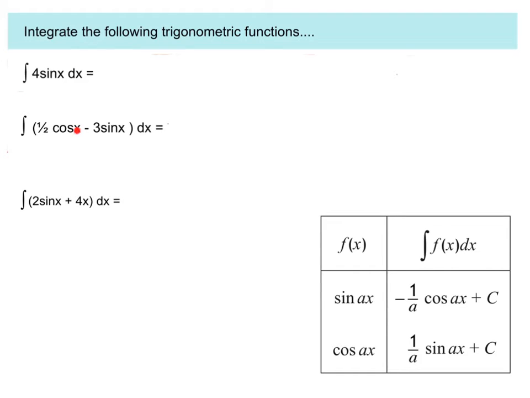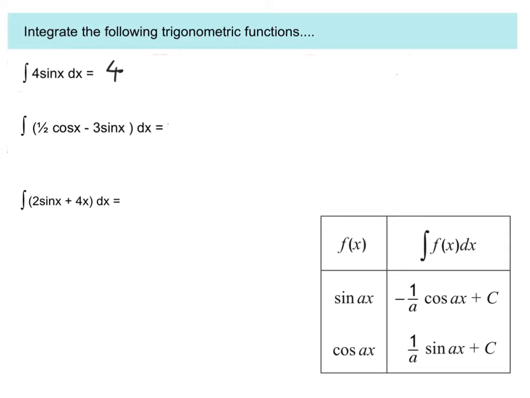Here I've got three trig functions I want to integrate. I know I want to integrate them because, well, it tells me there, and this symbol in each of my questions is the integral symbol. So if I want to integrate 4 sine x with respect to x, I need to remember a coefficient doesn't have an impact on how we integrate.